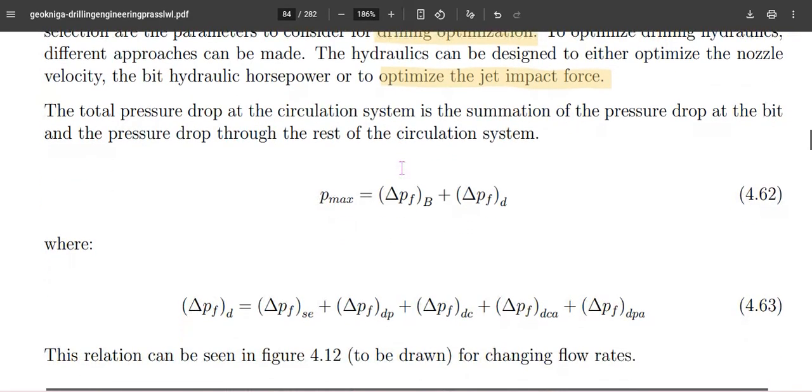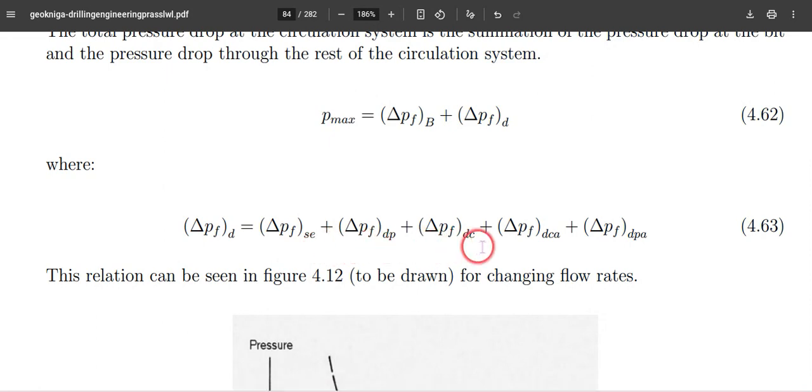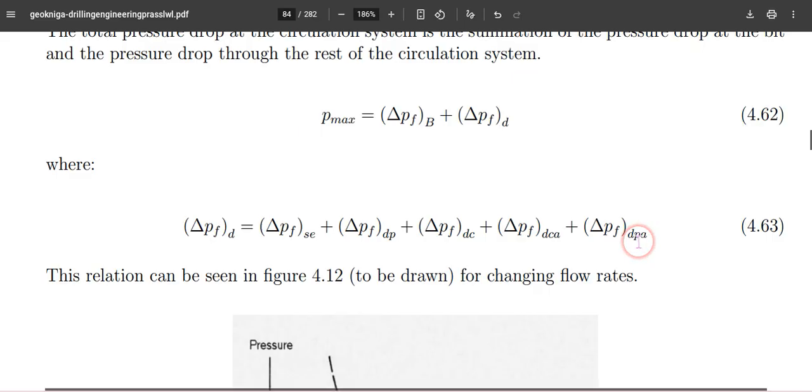So let us have that maximum pressure, like how the pressure drops across other equipment, and how the pressure drops across the drill bit. So this is the pressure drop across other equipment, like pipe, annulus, drill collar along the annulus.